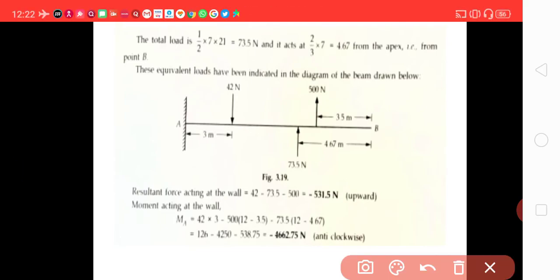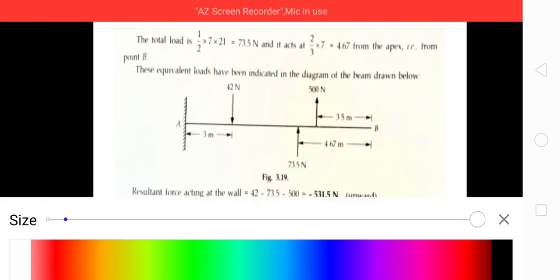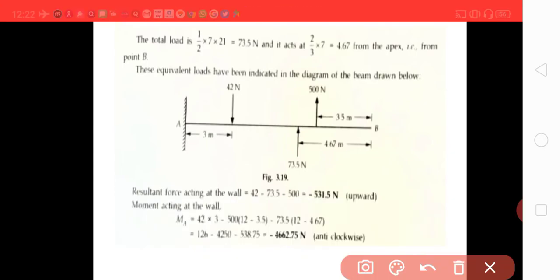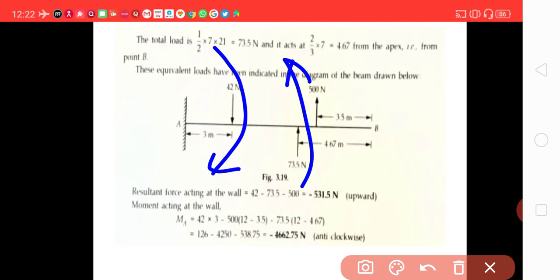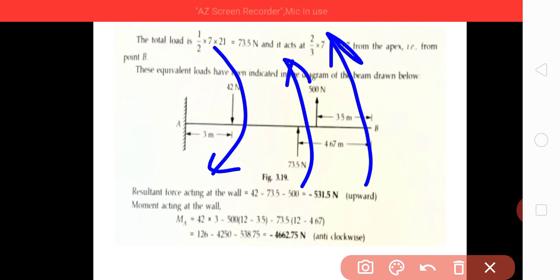Now comes the moment. Just listen, analyze carefully. This 42 Newton force will be giving a clockwise moment. This 73.5 will be giving a counterclockwise moment, and this 500 again will be giving a counterclockwise moment.